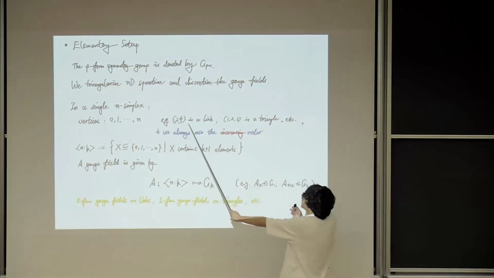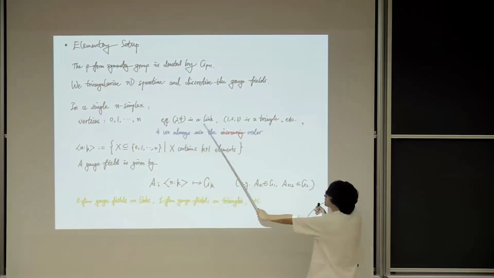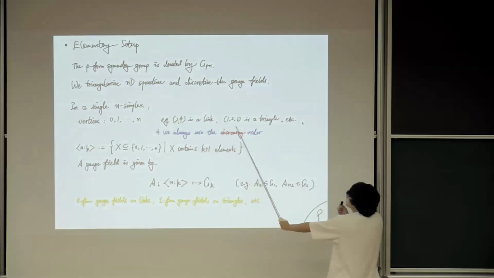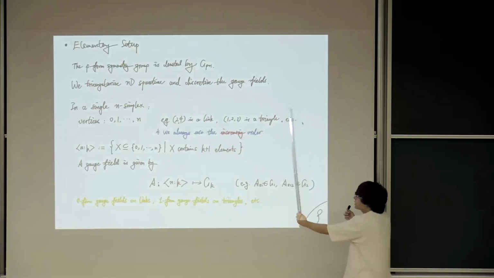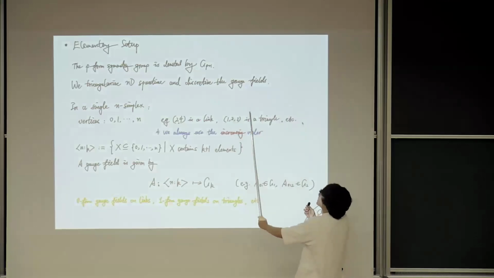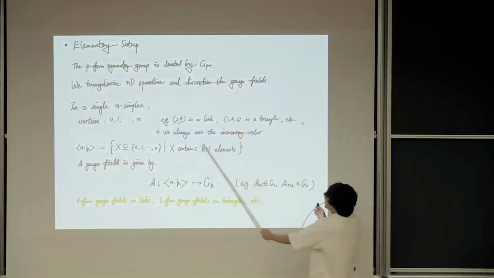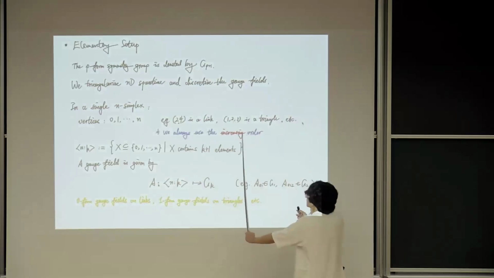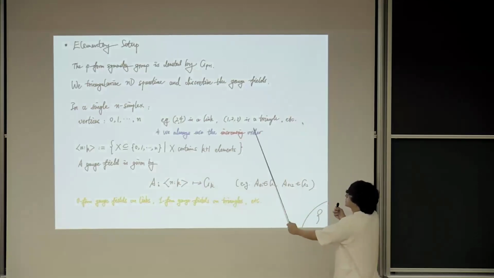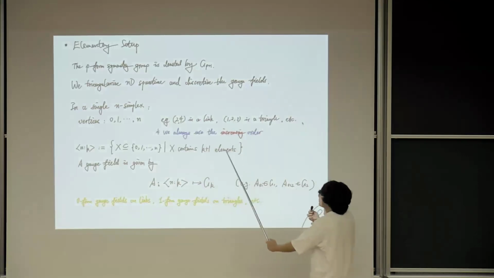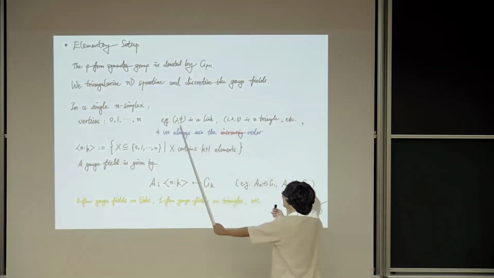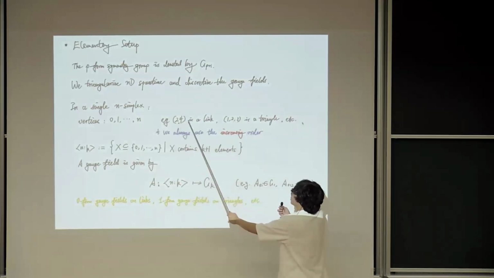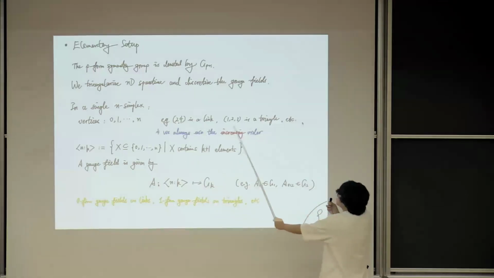For example, if I write 2, 4, it means a link that connects vertex 2 and vertex 4. If I write 1, 2, 3, it means a triangle spanned by vertices 1, 2 and 3. And I will always use increasing order. This is very important. This also means I will pick a particular orientation. For example, if I write 2, 4, of course I suppose the orientation is from 2 to 4 instead of from 4 to 2. The same for higher dimensional objects.